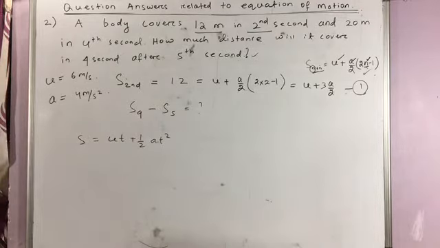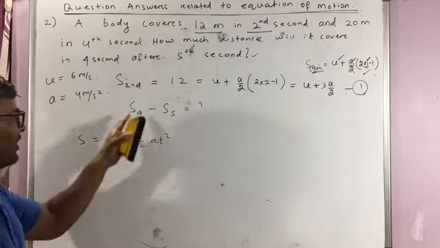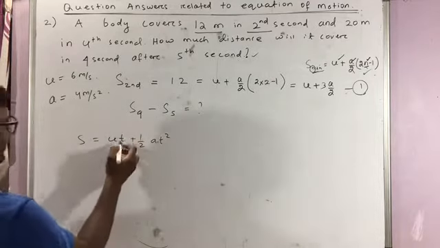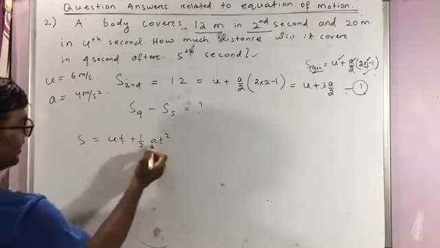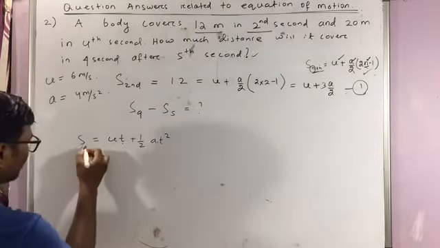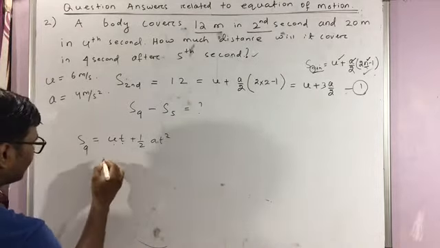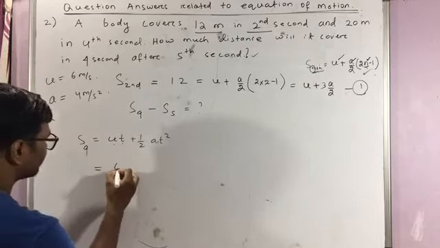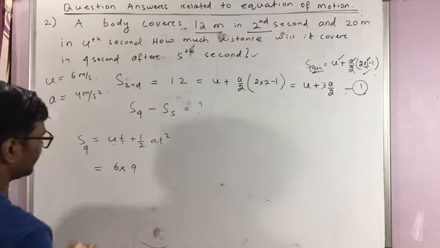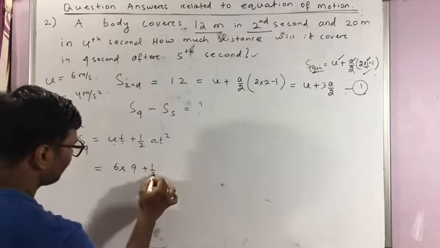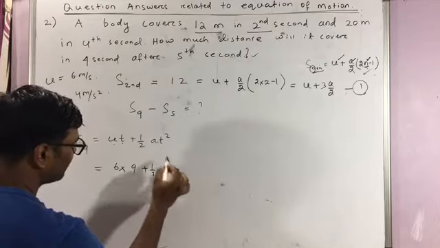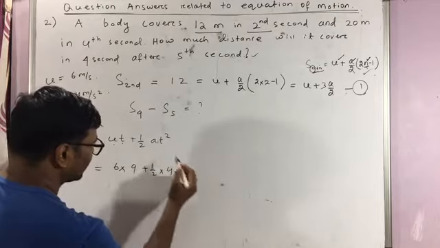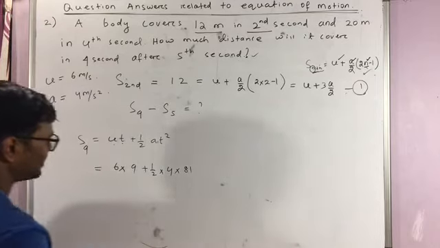Similarly, S9 means distance covered by the body in 9 seconds. So in the first case you take t to be 9, and put in the u and a values. So S9, u is 6, t is 9, plus half into a, which is 4, into 9 square. 9 square is 81.